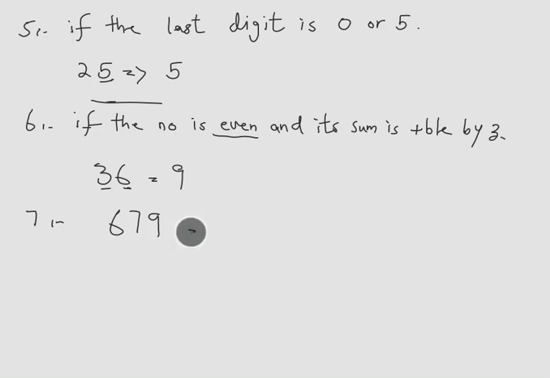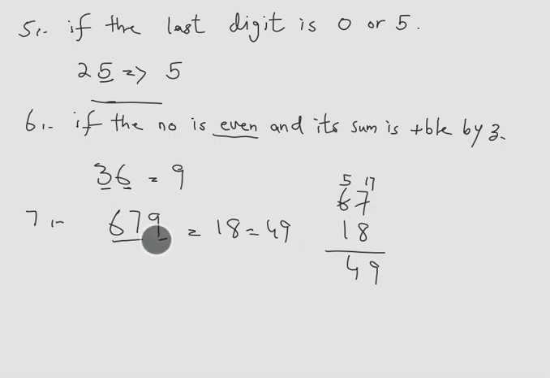So double of 9 is 18, and the rest of the number is 67. Subtract 18 from 67. 9 and 5 minus 1, which is equal to 4. The number will be 49. So 49 is divisible by 7. Then 679 will be divisible by 7.